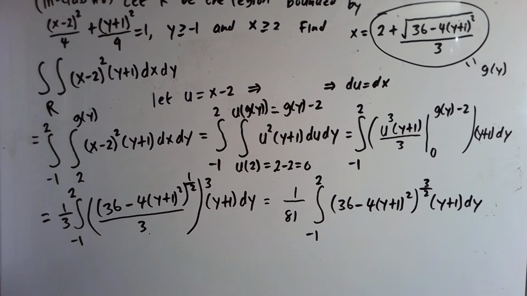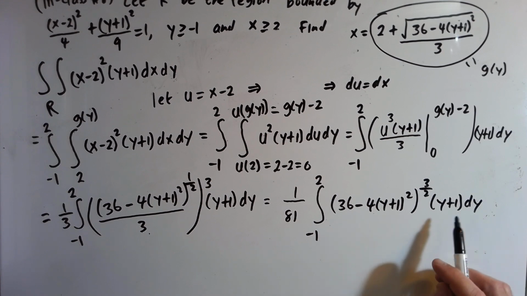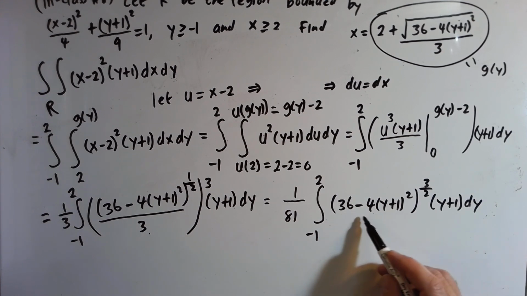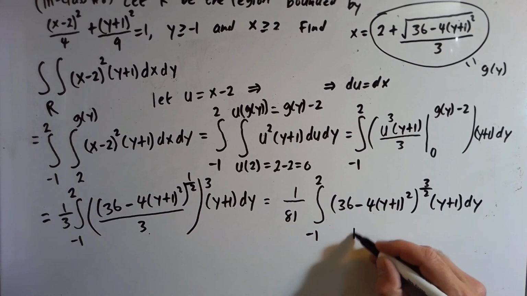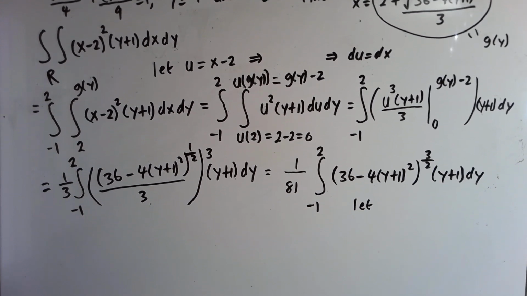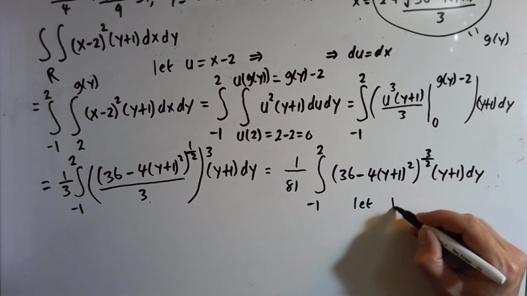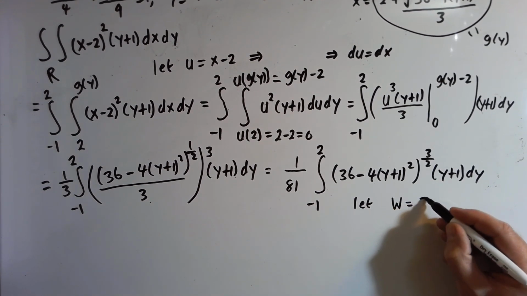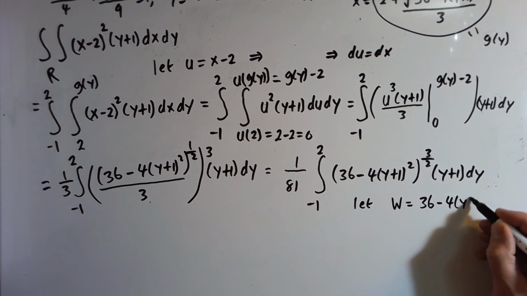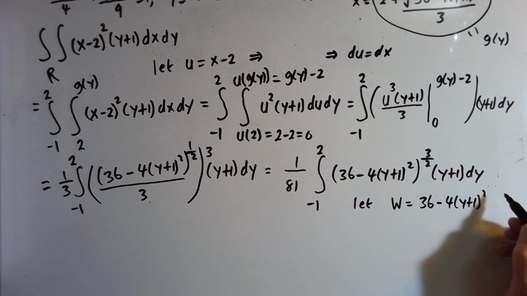Okay, I'm going to make another substitution here. This looks like a pretty nasty integral, but if I let this be w right here, works out kind of nice. So let w equal 36 minus 4(y plus 1) squared.